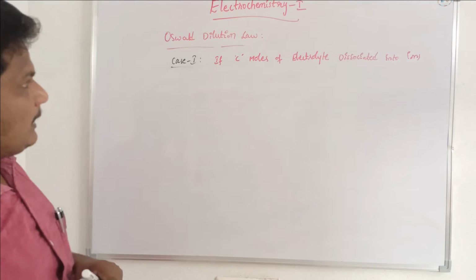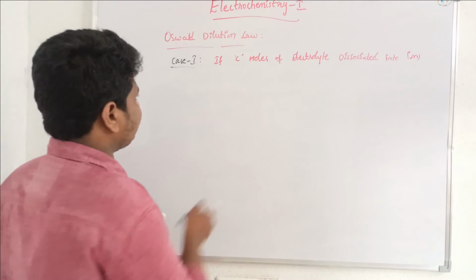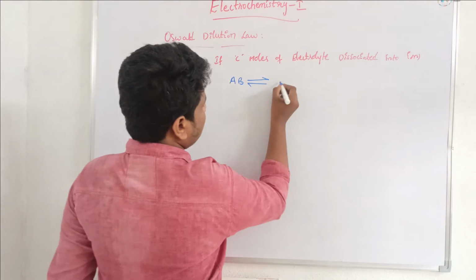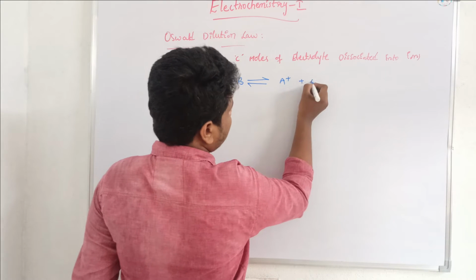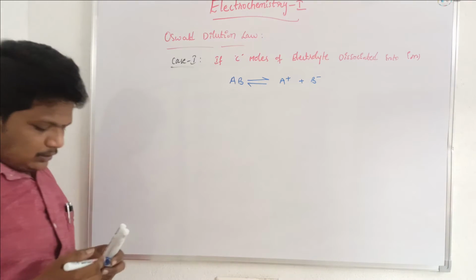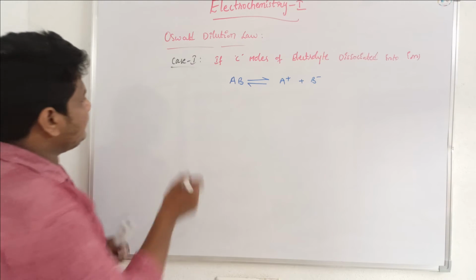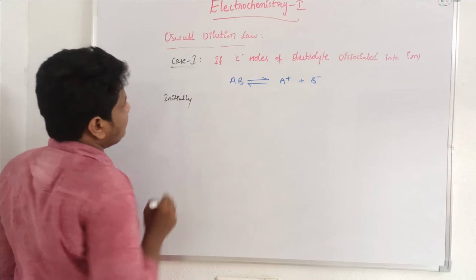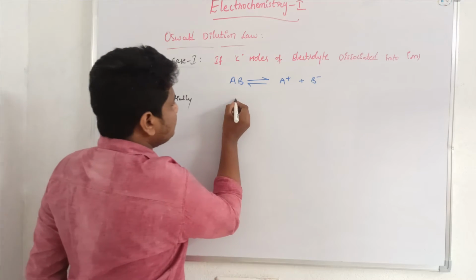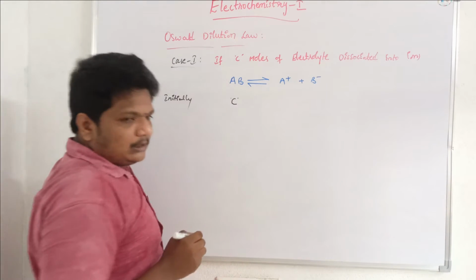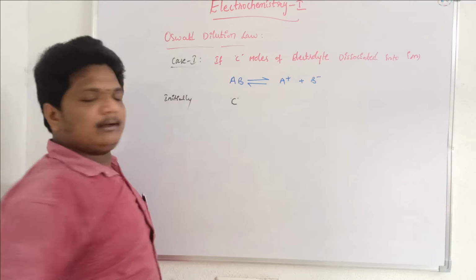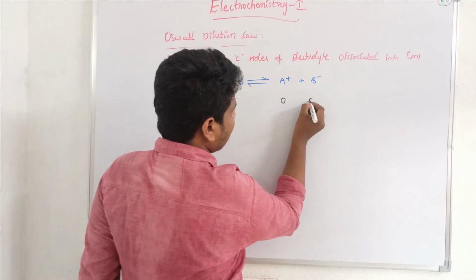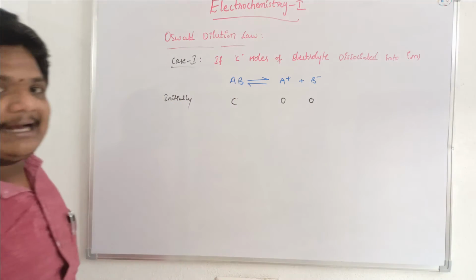Again we take the equation AB gives rise to A plus and B minus. Initially we are taking only C moles of electrolyte, so there is no A plus ion or B minus ion at the start.